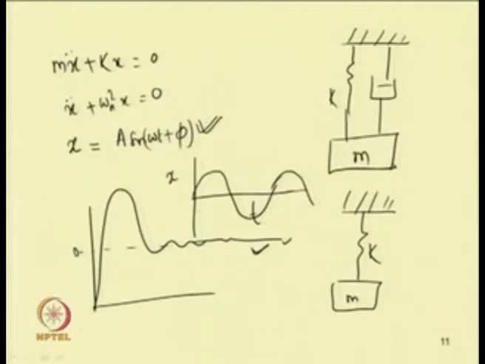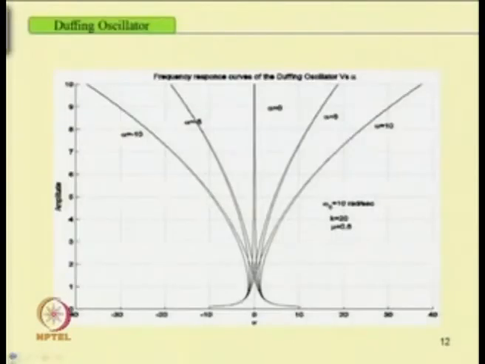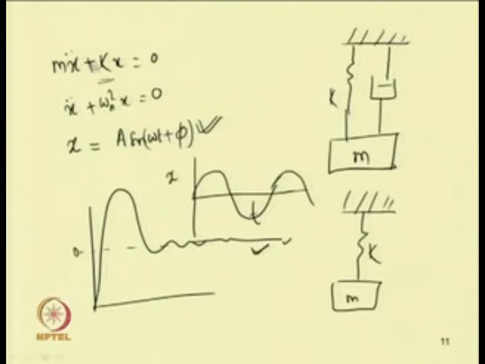We can have a bounded value of the response, but instead of taking m x double dot plus k x, if I take a value of minus k, that means if I take the system in this way, that is minus x, then we have x double dot minus omega n square x equal to 0.